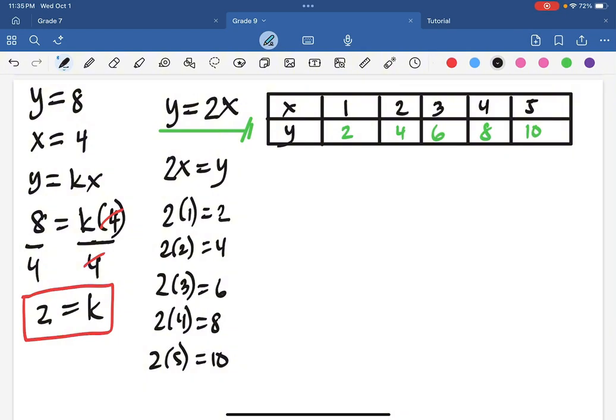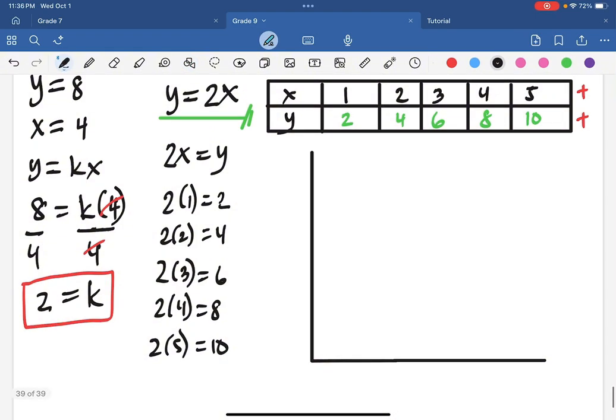Now, we could create the quadrant 1 of the Cartesian plane because as you can see, the values of x here are positive. Same goes with y, the values are positive. So we're going to focus on quadrant 1. Our goal is to have a graph based on y and x.